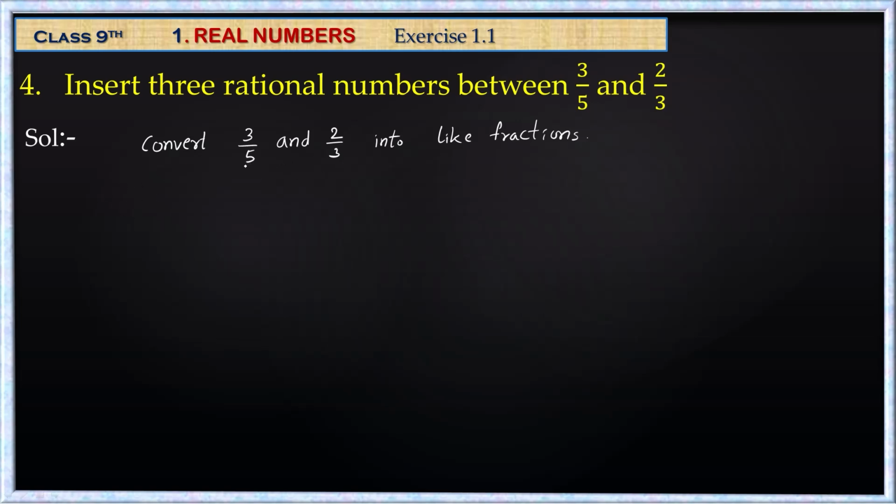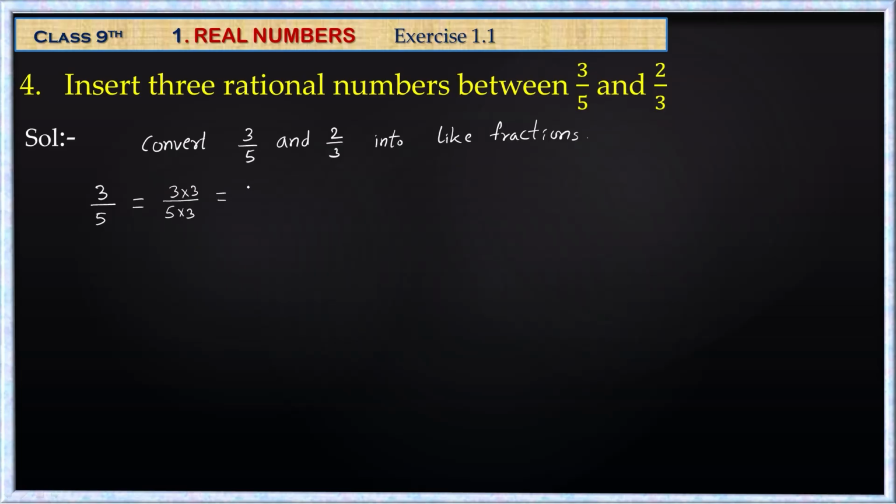The LCM of 5 and 3 is 15. So express 3 by 5 with the denominator equal to 15. To make the denominator 5 equal to 15, multiply it with 3. So multiply both the numerator and denominator with 3.